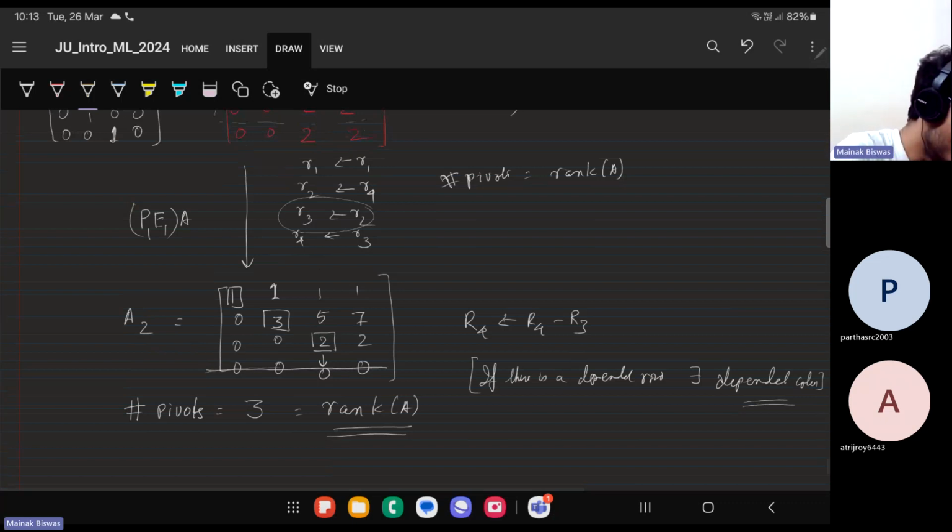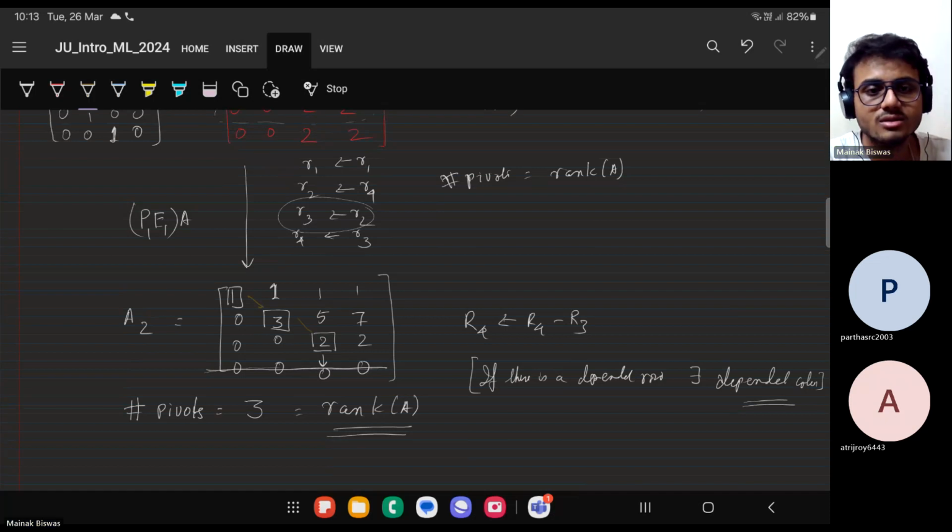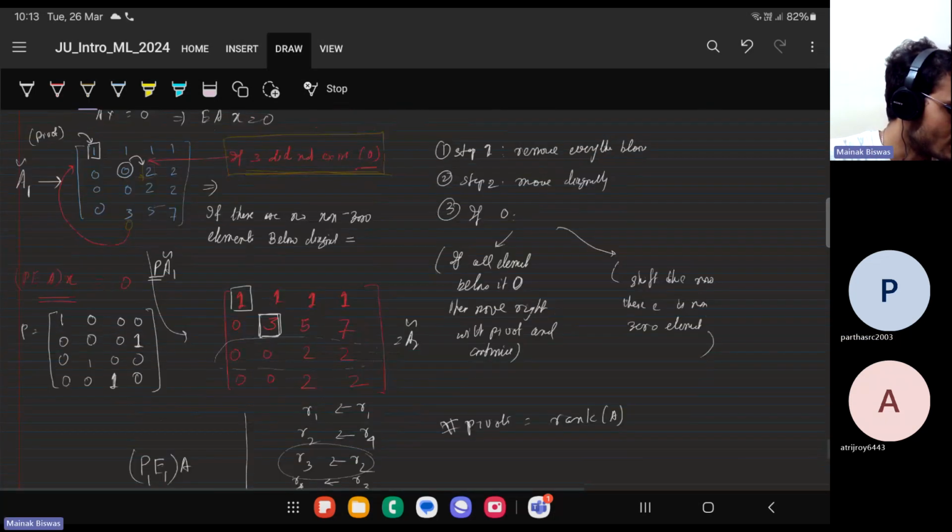That's the idea. When it is not possible to move diagonally, you move to the right. Why is it not possible to move diagonally? In this case, say you have a matrix like this.